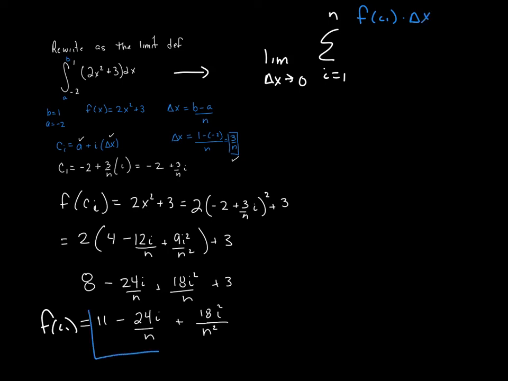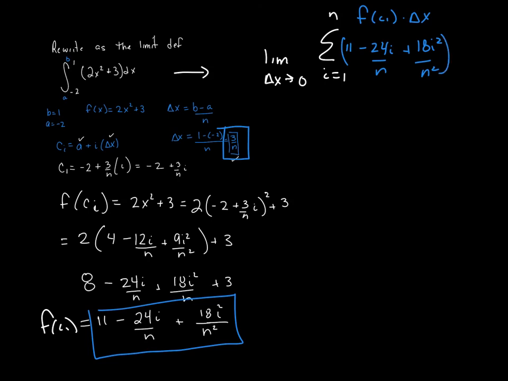Down here, this is f of c of i, and delta x we already found over here, 3 over n. So now we just put all of this together, and I get 11 minus 24i over n plus 18i squared over n squared, all times 3 over n.